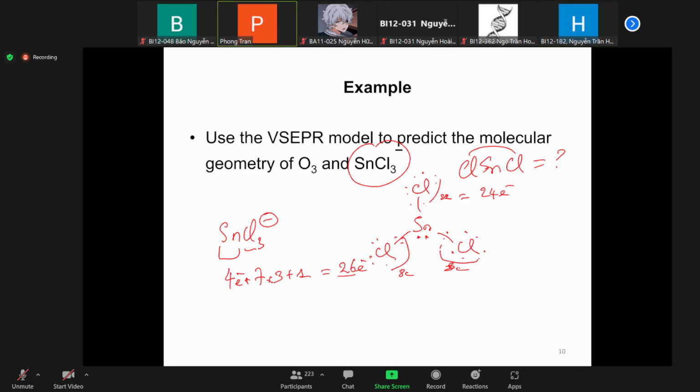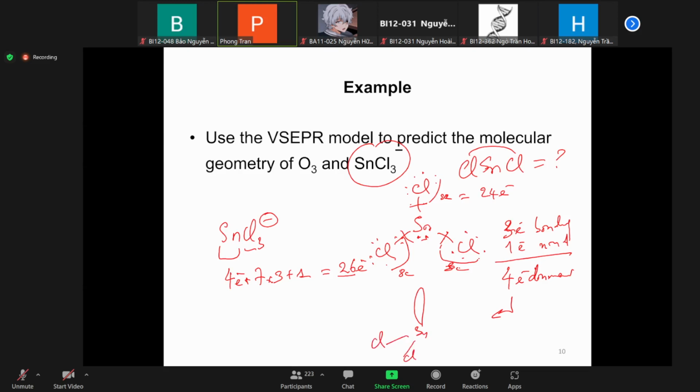So you see that here you will have 1, 2, 3, 4. So you have 3 bonding electron domains, right? And you have 1 non-bonding electron domain. So we have in total 4 electron domains, and with 4 electron domains, you will have tetrahedral like this, Sn.